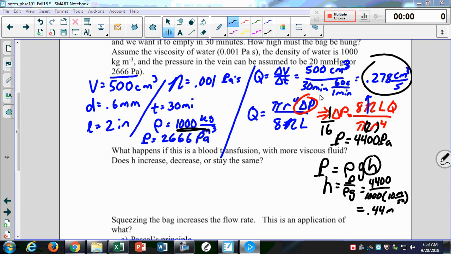Would you have to increase the height, decrease the height, or would it stay the same? A, B, or C? And remember which variable describes the viscosity. You'll need to know the meaning of each of those variables for the test.